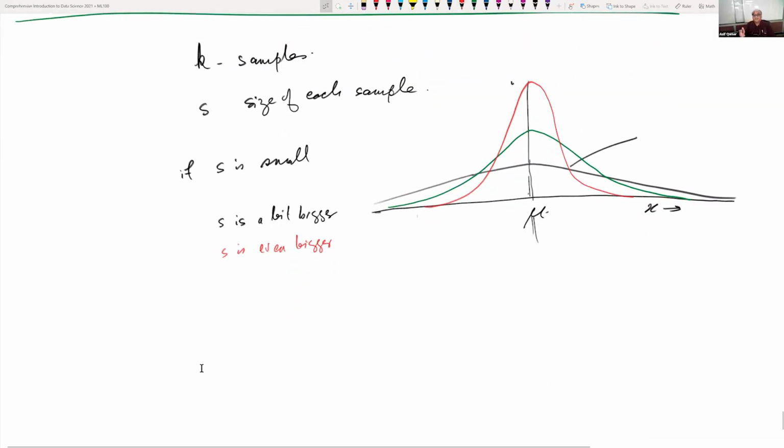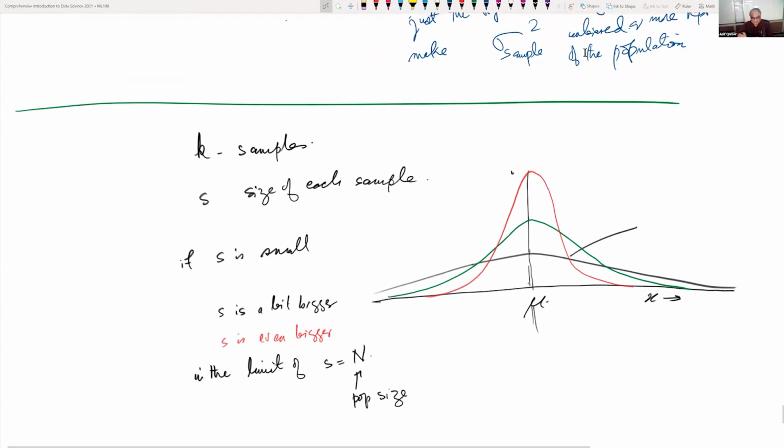In the asymptotic limit, the entire population size, of course, there will be only one answer. What will S look like?